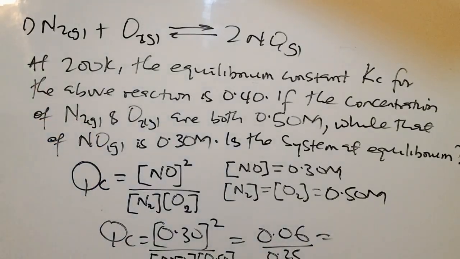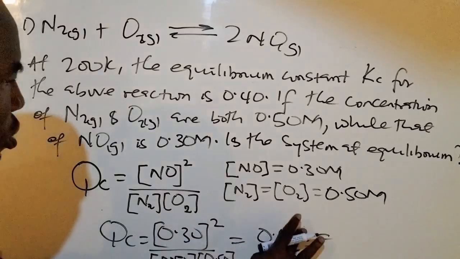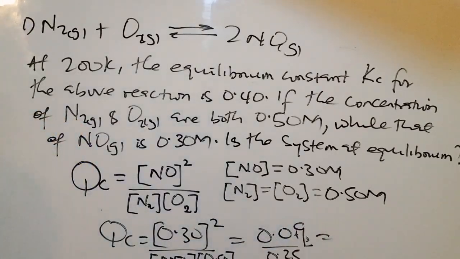When you divide 0.06 by 0.25, that is an error. If you square 0.30, you get 0.09, not 0.06. So divide 0.09 by 0.25. Let me bring the calculation up for all to see very well.